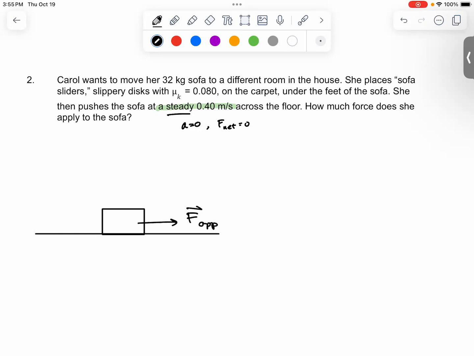We're trying to find the applied force, and apparently we have to draw the free body diagram. So I'm going to let you draw the free body diagram of this sofa. How many forces should there be on the sofa? How many total forces?